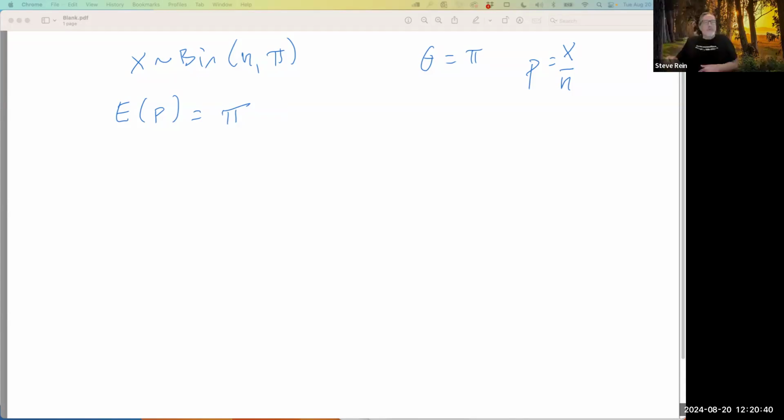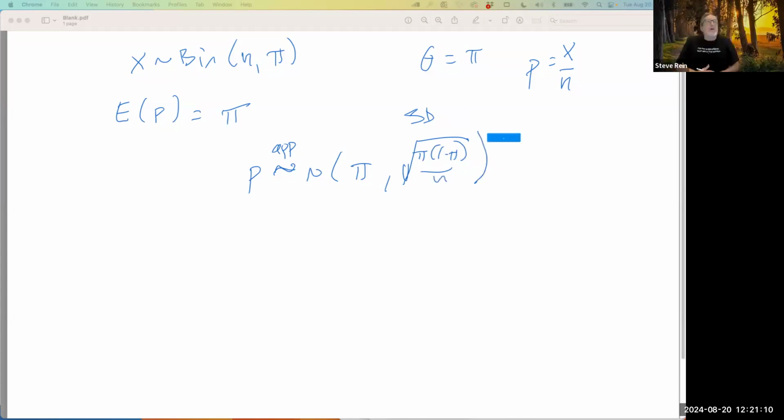Divide through by n and say that p is distributed approximately, so I'm going to write APP for approximately, normal with mean pi. And you can use our earlier methods to find then the standard deviation of that. The standard deviation is pi times 1 minus pi all over n, square rooted.